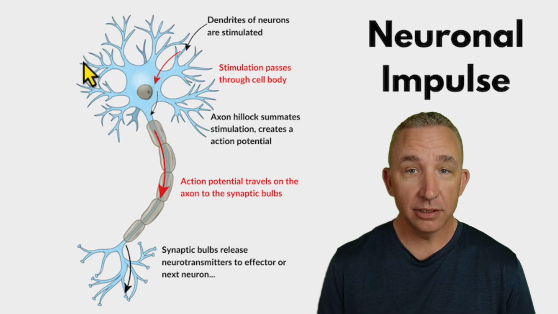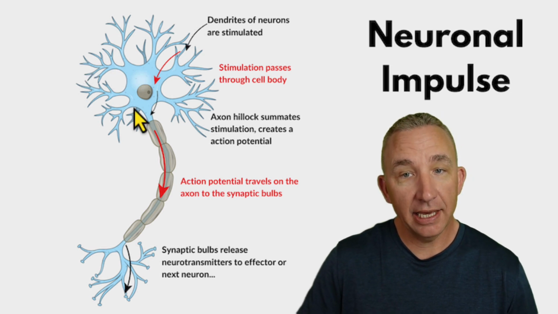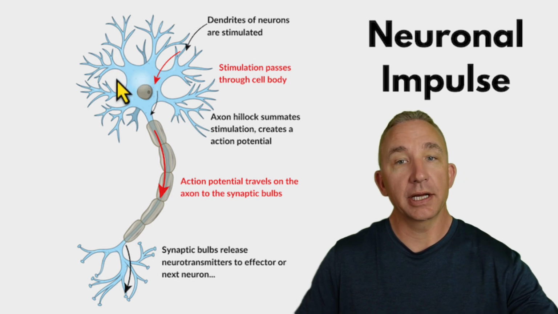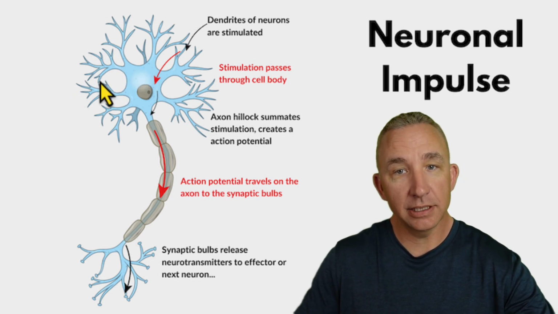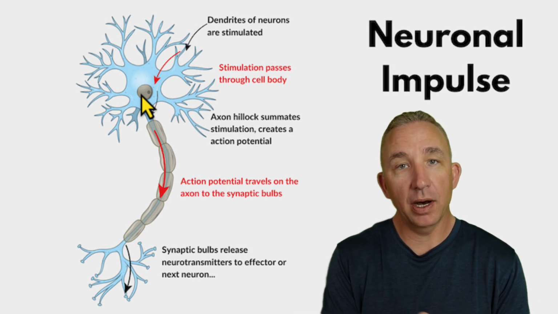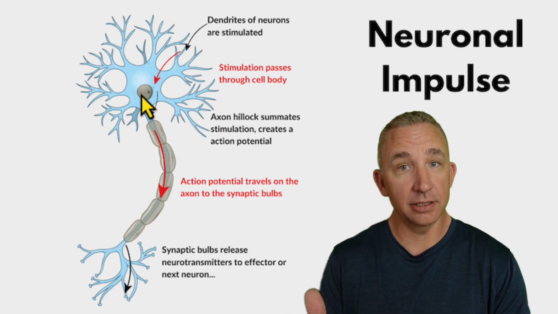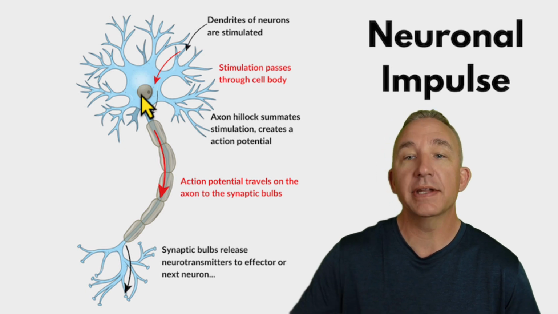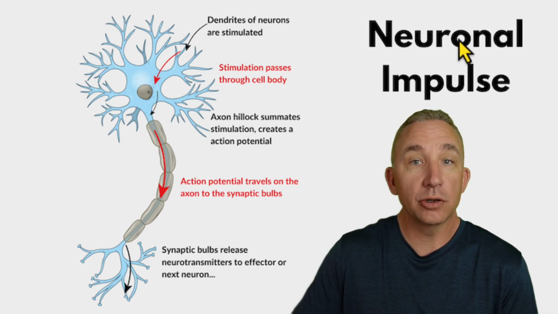A resting neuron is going to be negatively charged inside. And when we introduce something like a neurotransmitter, the sodium rushes in and changes it to a positive charge. That positive change inside the neuron is what we call depolarization, which is the key component of an action potential or a neuronal impulse.